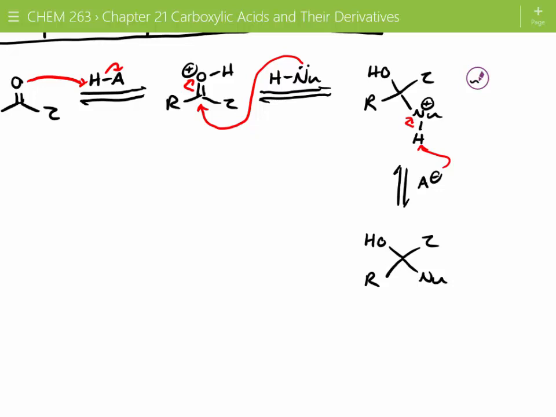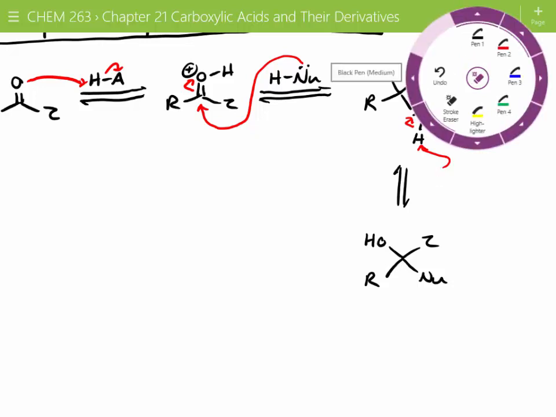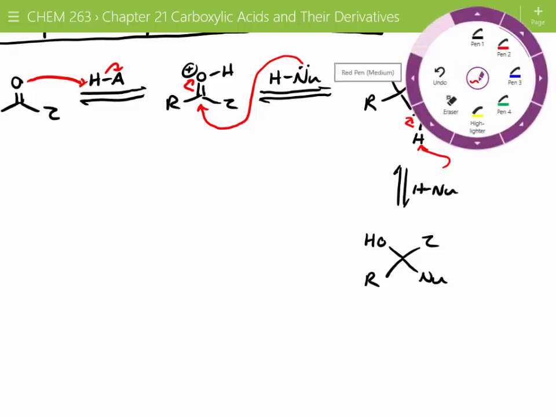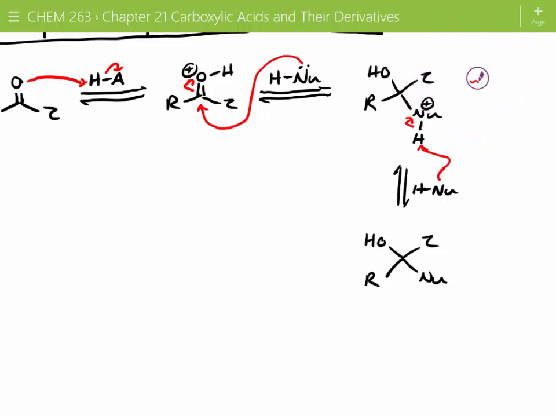But a conjugate base or water can come around and deprotonate. I'm fine with you showing it either way. Oftentimes these are done in water, so the proton transfers go through another nucleophile. So let's actually even change this, just to avoid that. Let's just show another nucleophile coming in. That way we avoid our negative charge on our conjugate base. Okay, so now we're ready to go. What do you think the next step is?